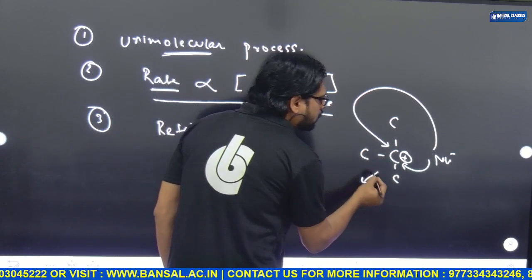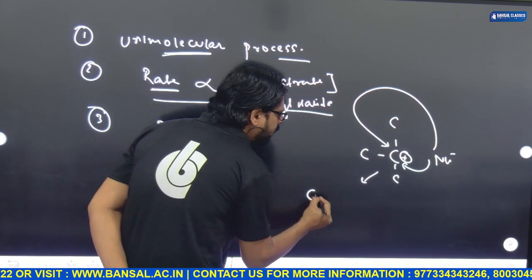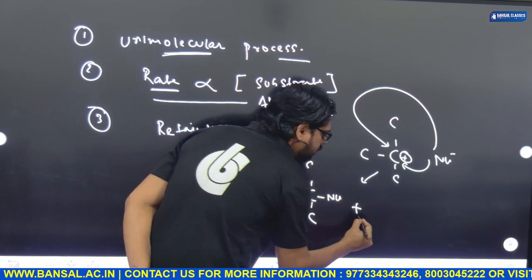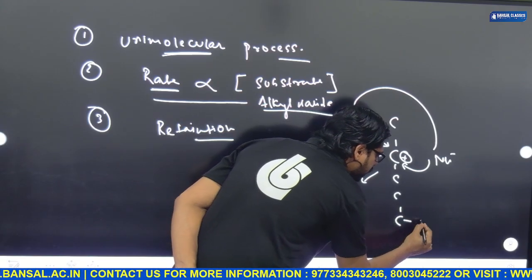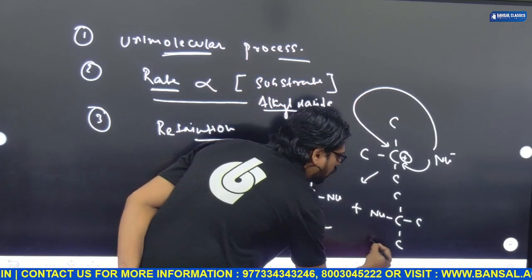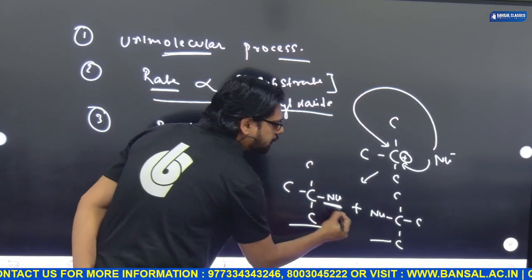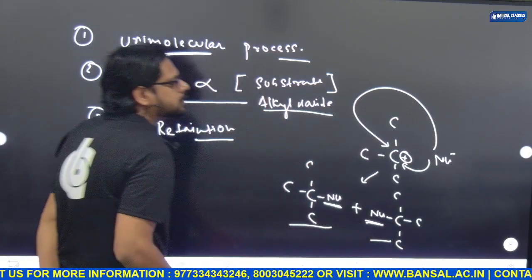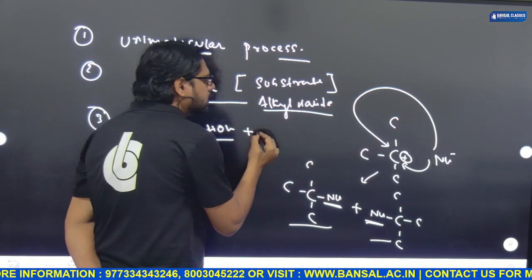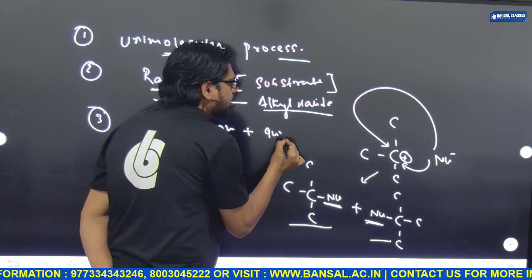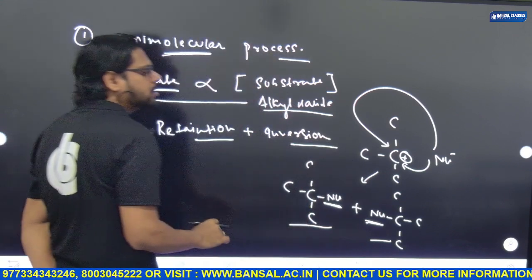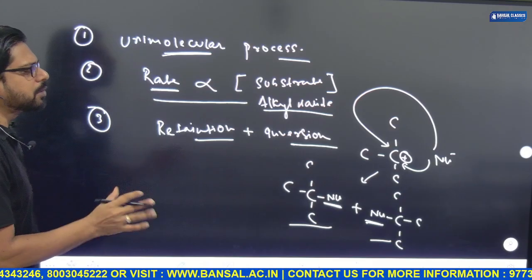So there will be a mixture of products which might contain this or this. We can say this is the retention and this is the inversion. So we will see a mixture which has the retained product as well as the inverted product. That will be a racemic mixture, not 100%, but somewhat a racemic mixture.